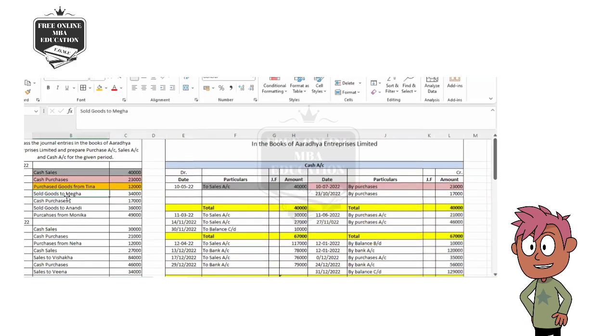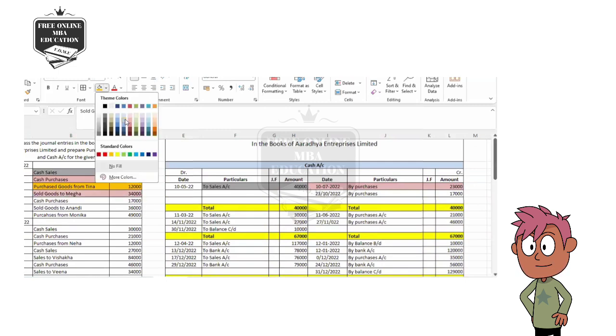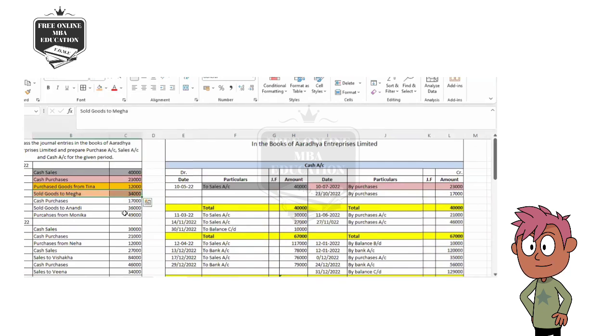Next, sold goods to Megha, rupees 34,000. Here we have sold goods. That means sale has happened and Megha has received those goods. So Megha account debit to sales will be the entry, because Megha, the receiver, is going to receive the goods and sale is going to be our income.